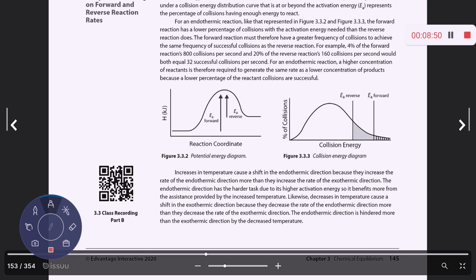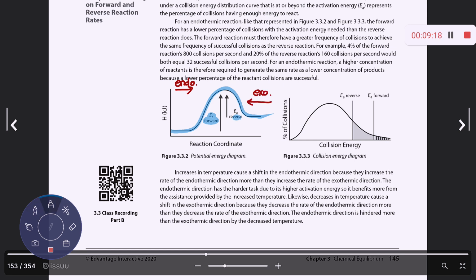So let's look at this curve. This curve going from left to right, or the forward direction, has a really large activation energy, right? So this direction is my endothermic direction. You can see that I have this huge amount of energy that I have to get over in order to convert reactants to products, as opposed to the exothermic direction, which is going in the reverse.